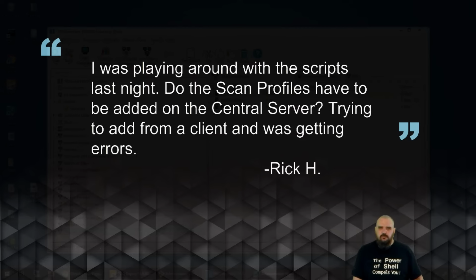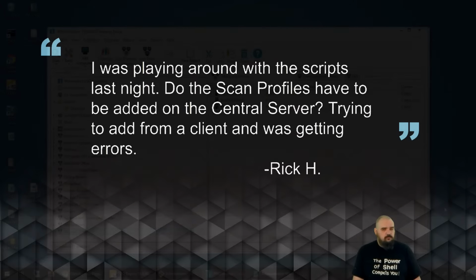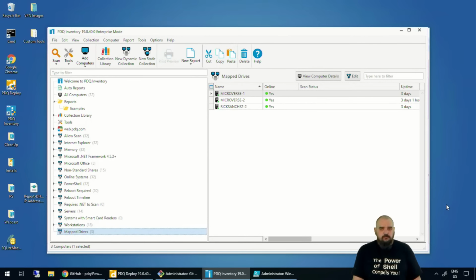I'd be curious to see what errors. I think as long as the server has access to those scripts, it should be able to run them just fine, wherever the file's loaded. But what they're probably running into is they're trying to import the scripts from our GitHub repository, and those are hard-coded to C, whereas if you create your own and use the file picker, it'll do a UNC path so that the server can find it.